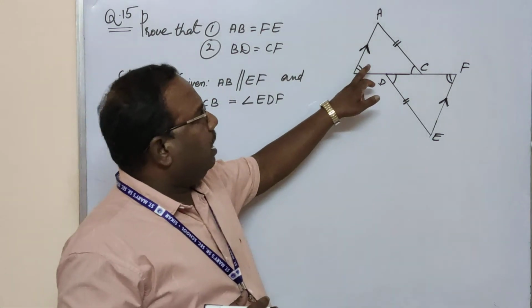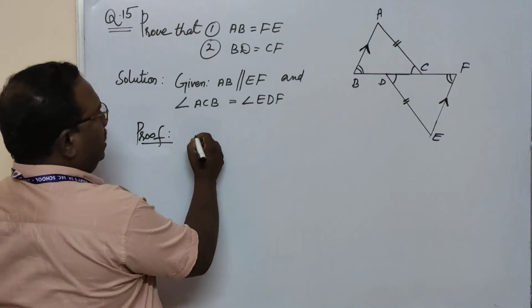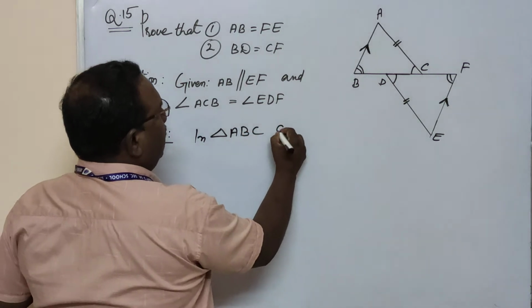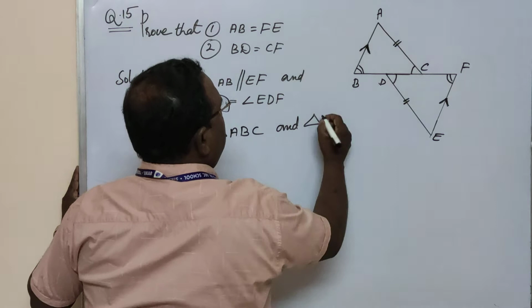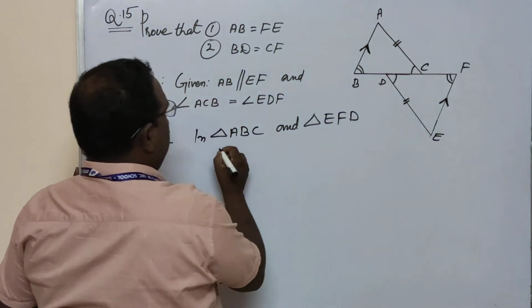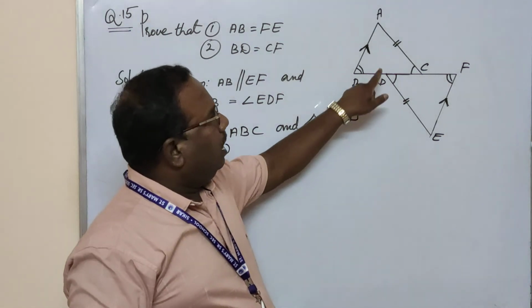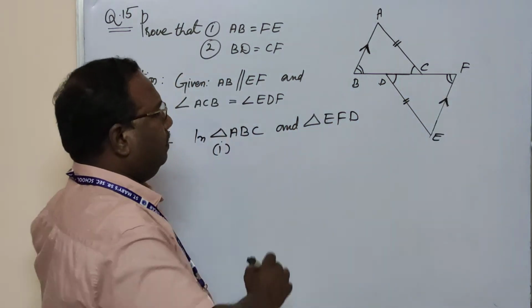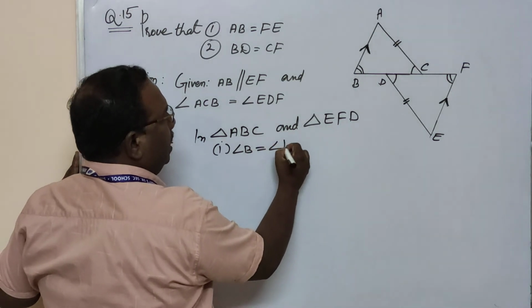So we are getting angle B equal to angle F. Now, in triangle ABC and triangle EFD, point 1, we can write angle B is equal to angle F.